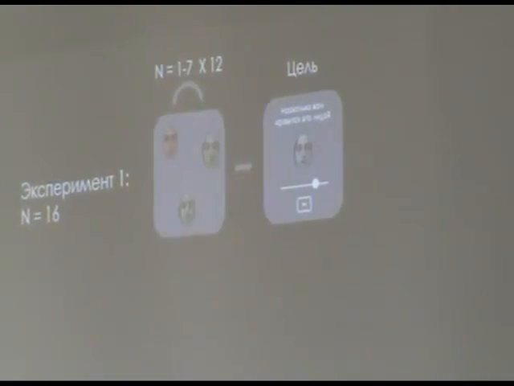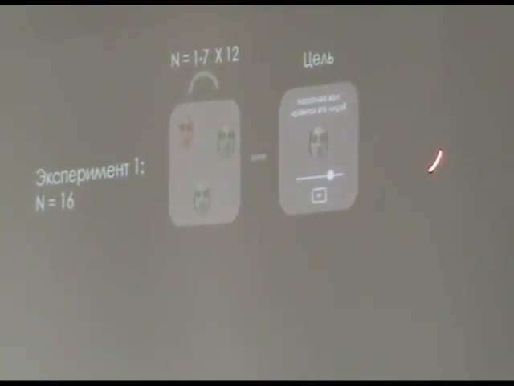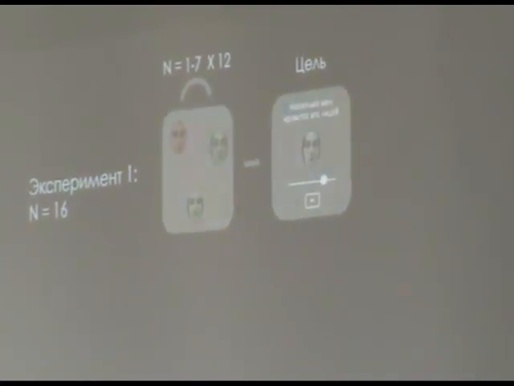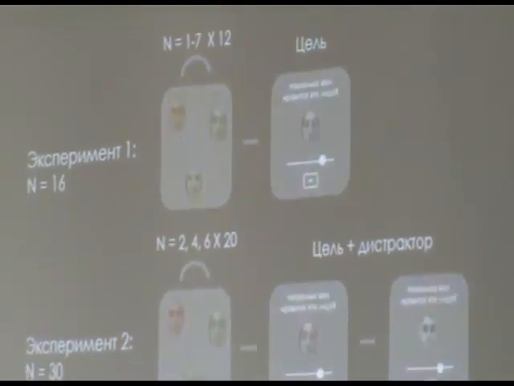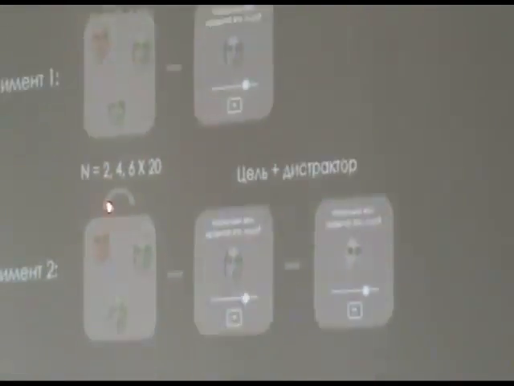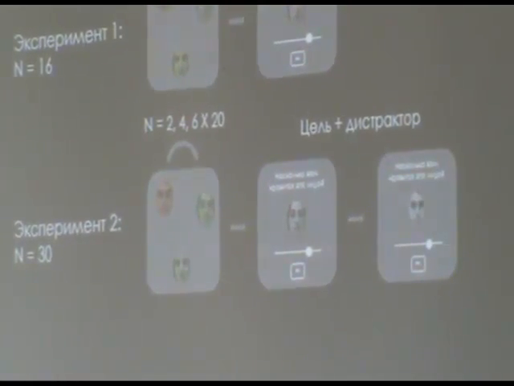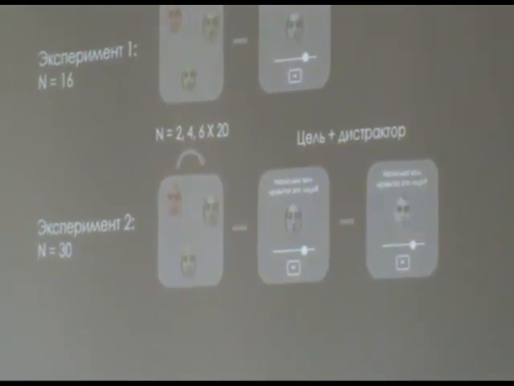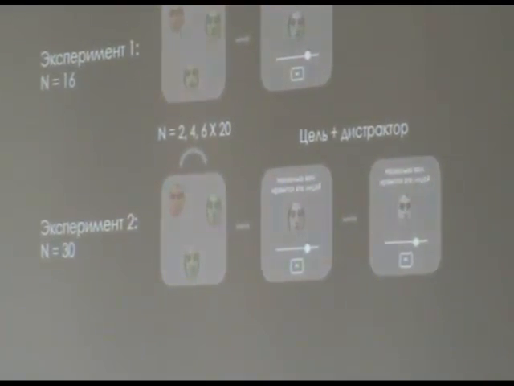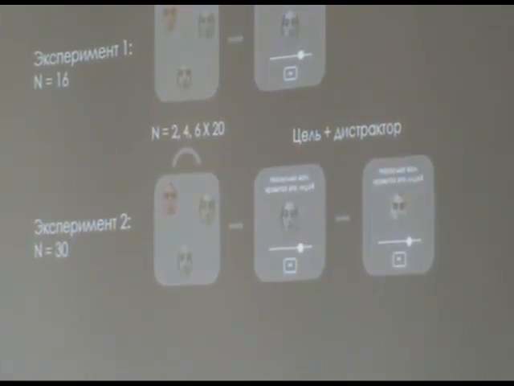And the observer had to evaluate the target face after the strip. In the second experiment, we changed conditions a little, so we decreased the variability in the strip length. Now there were only strips of length 2, 4, and 6, and the observer evaluated both target and distractor.